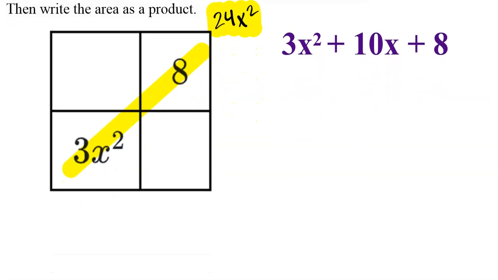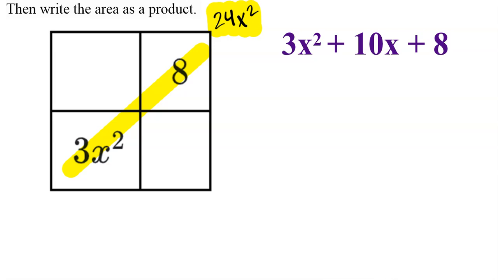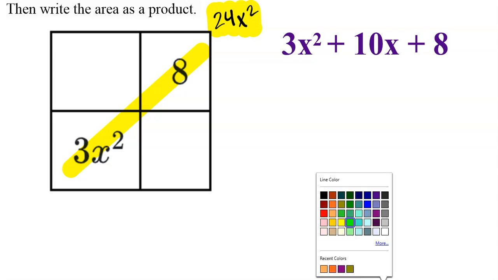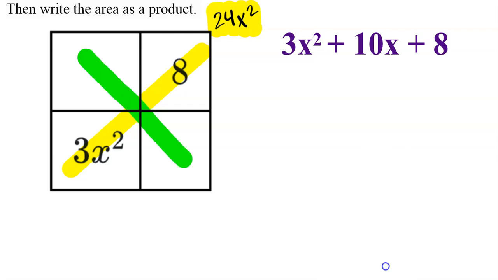So how are we going to use this to our advantage? Well, we also know that these terms that come down on the green diagonal here have to add up to the 10x. That's where that comes in.